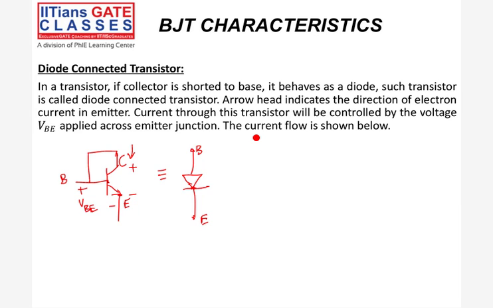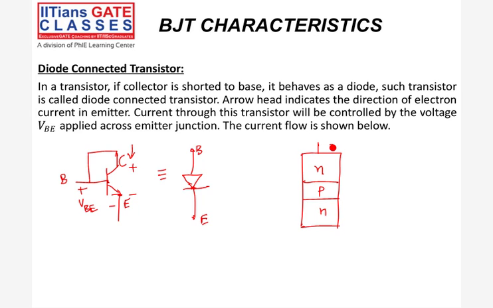Now this diagram can be converted into another format. What is that format? It will be like this. We have three regions. This is an N, P and N transistor.